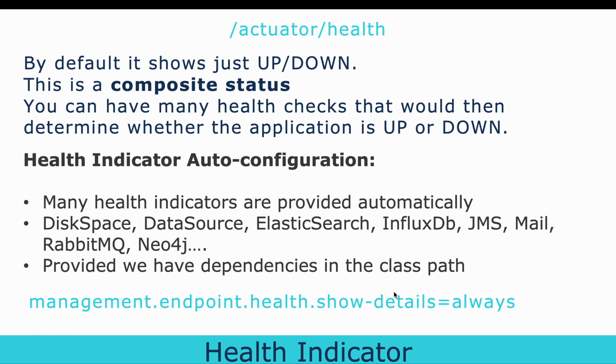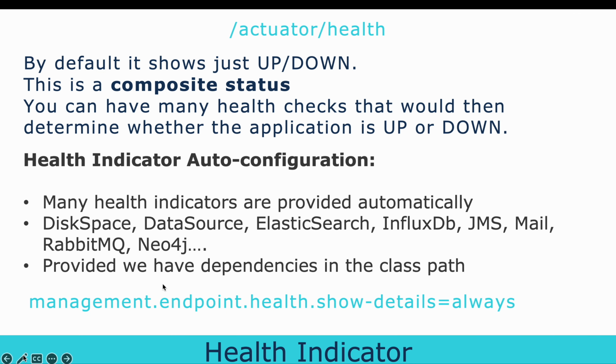So the health indicator for actuator has some auto configurations. Why? Because normally, depending on what you have in the classpath, you have some health indicators configured for you by default. So far, we just saw status UP.